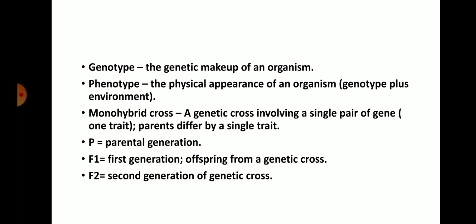Next, P means parental generation, F1 means first generation, that is the offspring from the genetic cross, and F2 means the second generation of the genetic cross. In his work, Mendel used the hybridization method, that is he crossed pure breed varieties and formed the hybrid variety.